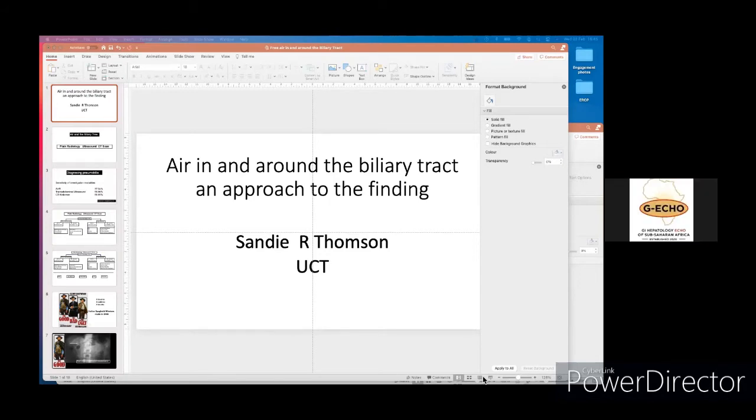Sandy? Yes. We're not seeing the slides moving. You're not in slide mode. It seems as though they're moving for me. Okay, it's just on view on my side.